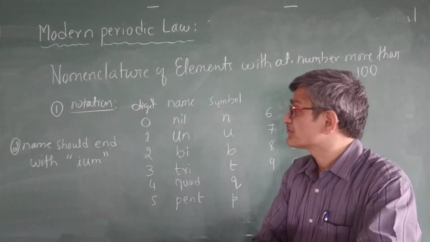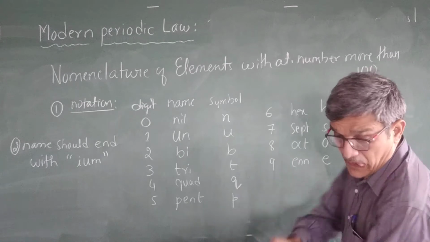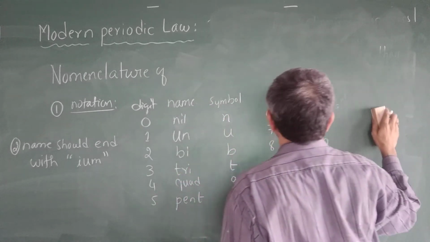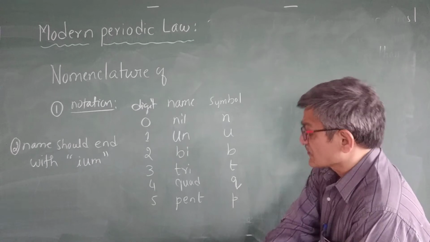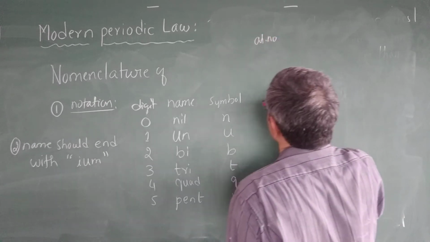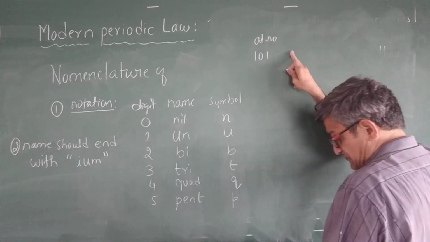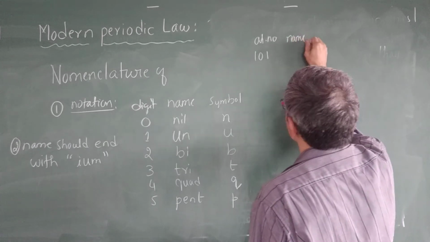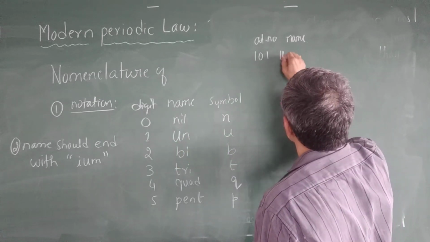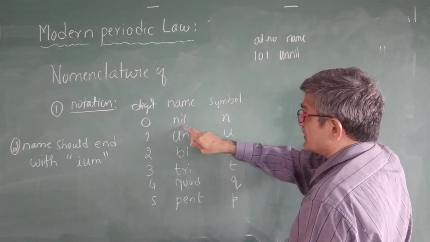Atomic number 101. So what is the symbol or name of this 101? The first digit 1 means un, next 0 is nil, and again 1 means un, and the last is IUM: unnilunium. The symbol has 3 letters.